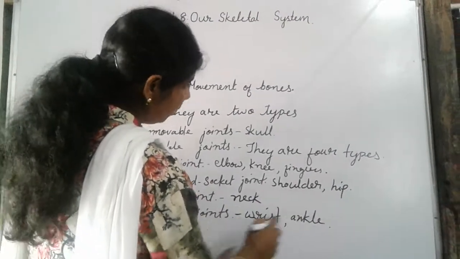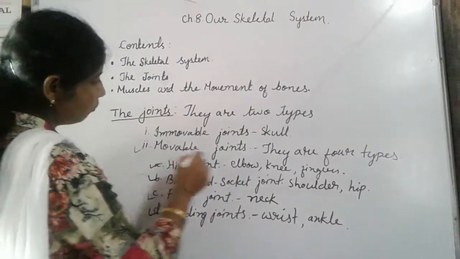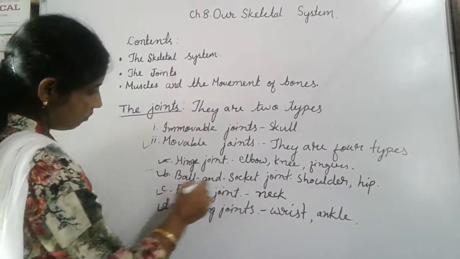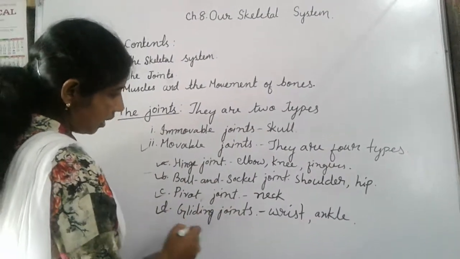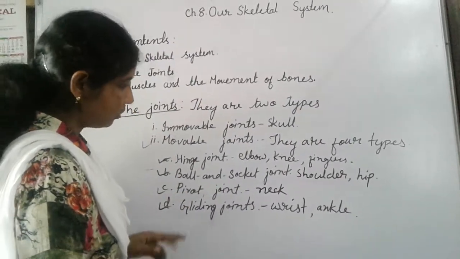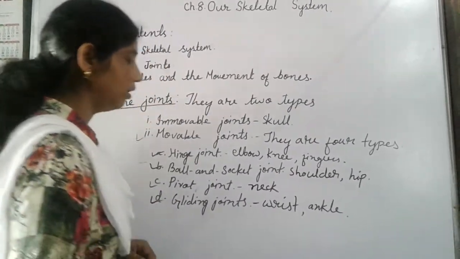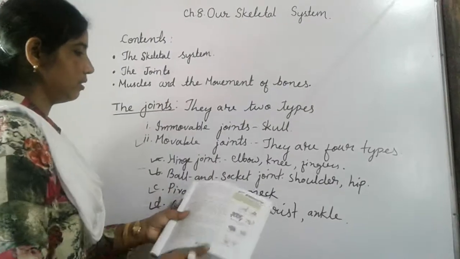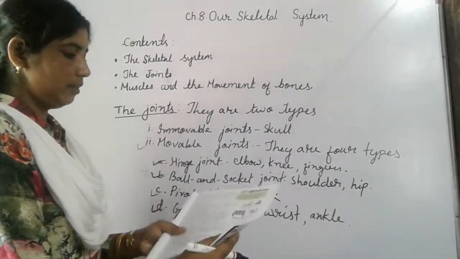So this is all about the movable joints: hinge joints, ball and socket joints, pivot joints, and gliding joints. These joints' pictures are given in your book also. Let's see the pictures and revise.